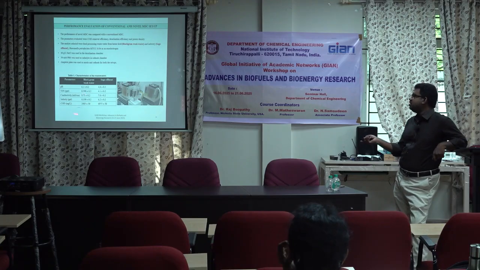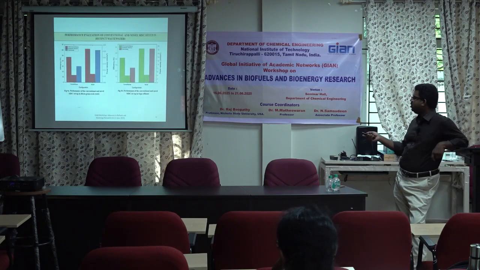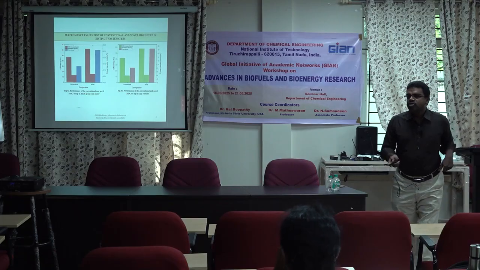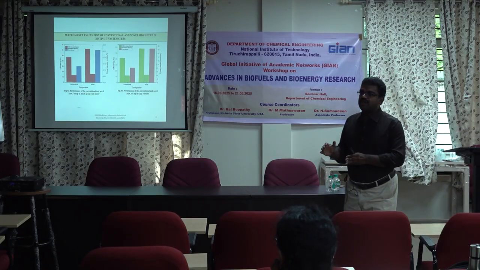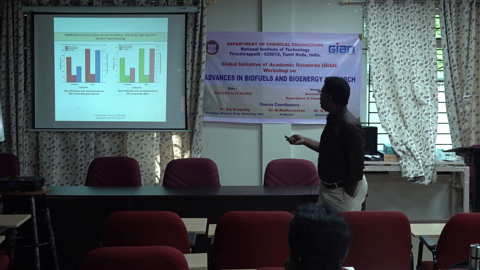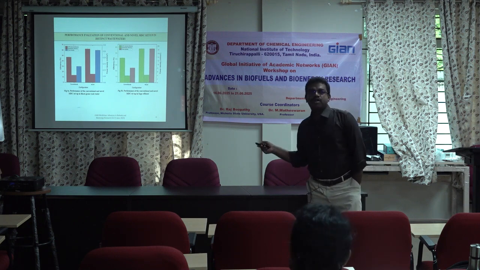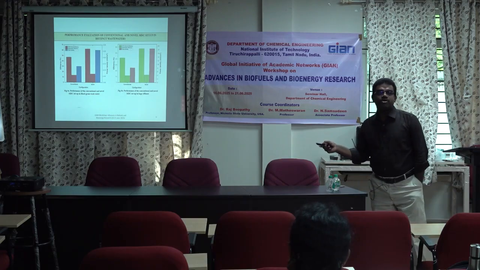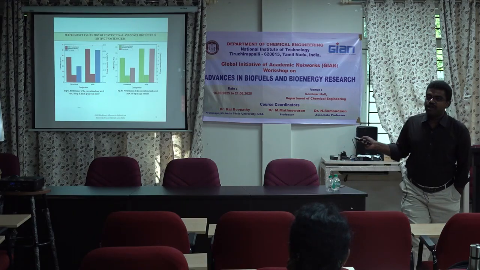Our main aim is to check the COD removal as well as the salt content in the saline water. So this is the COD removal efficiency. We have tested the conventional as well as the patented one. We observed maximum performance with our patented one as compared to the control, which means the conventional one.